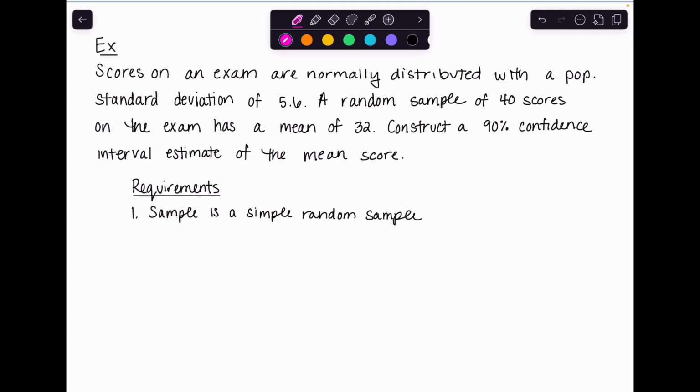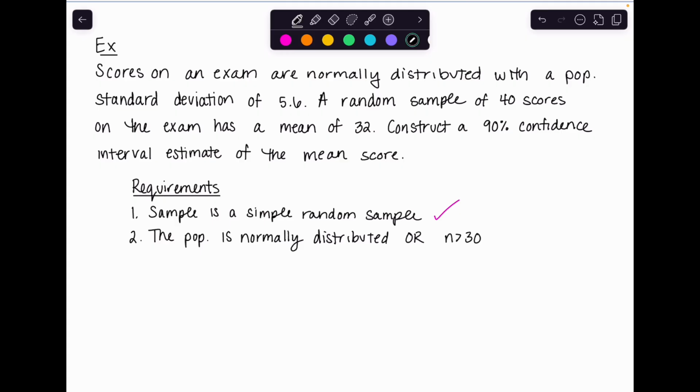And in this case, indeed, they tell us a random sample is drawn. So yes, that is a simple random sample. The second requirement is that the population is normally distributed. Or n is greater than 30.